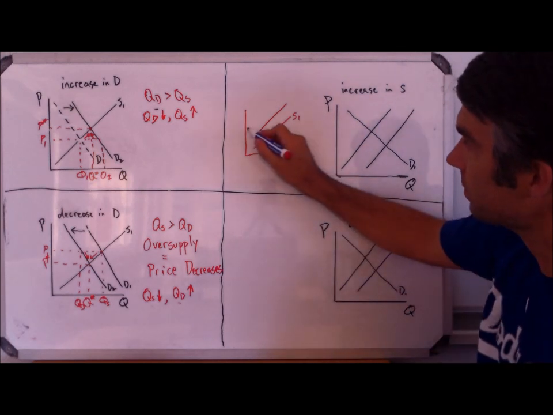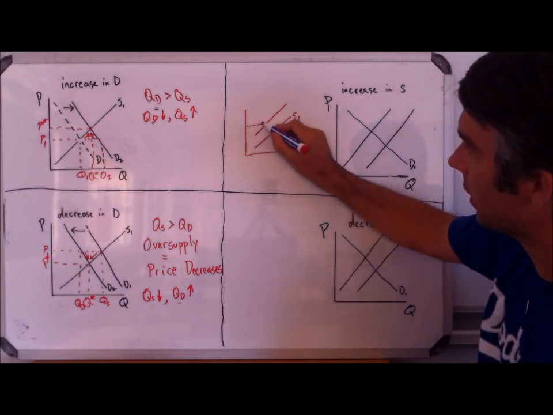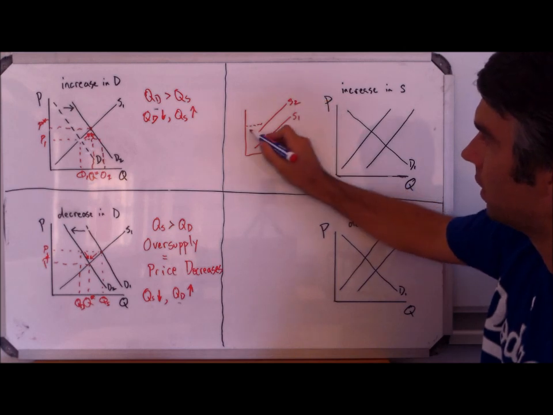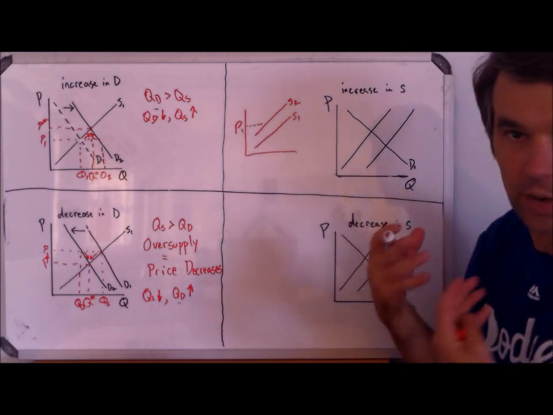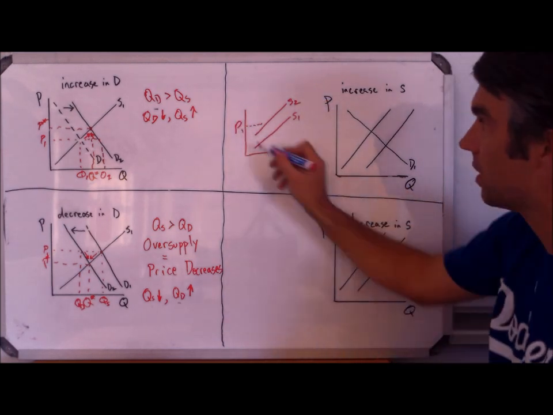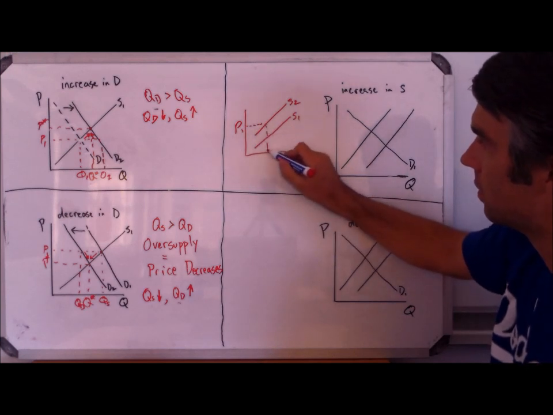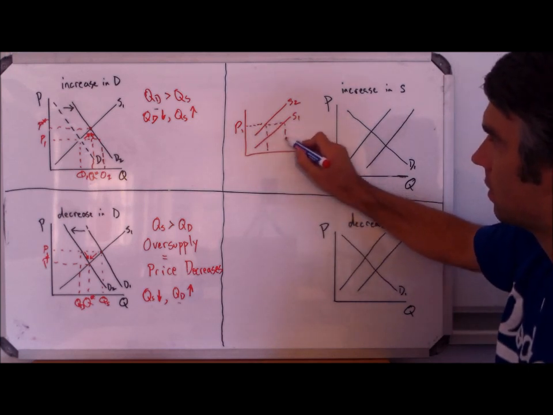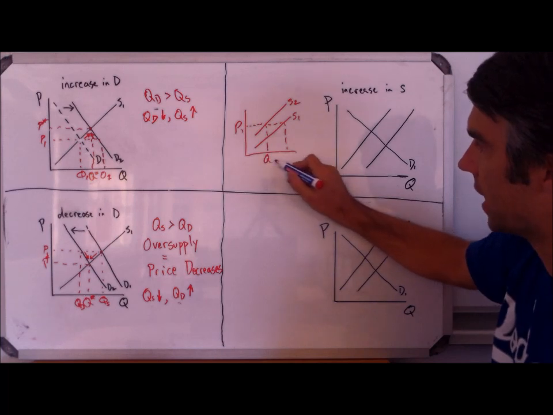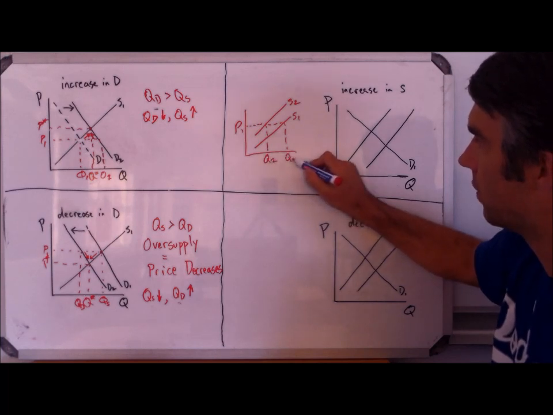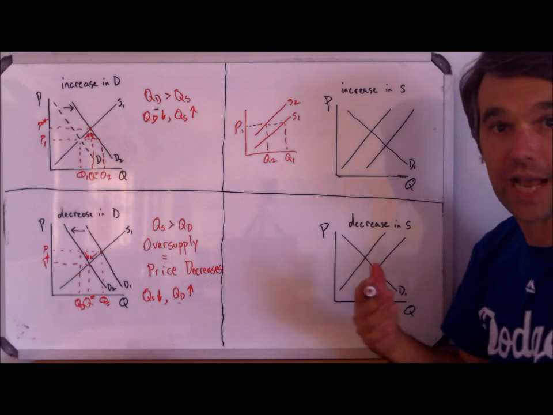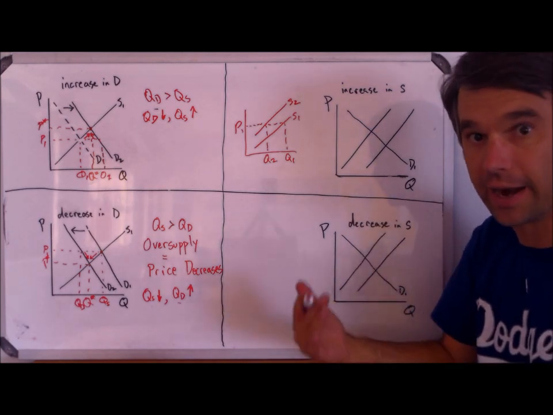Well, remember, if we do our analysis correctly, if we go from a single price, and we always start with price first in economics, if we go from a price down to the axis, we see that this quantity is actually smaller than that. So what we're showing here is actually a decrease in supply, not an increase.